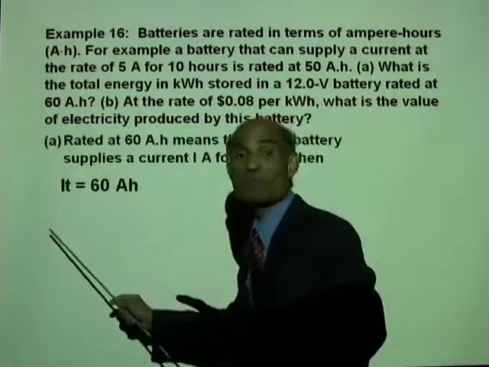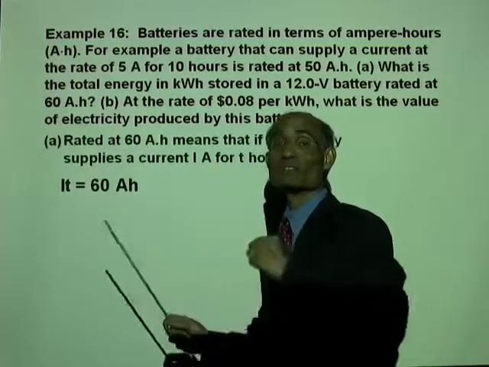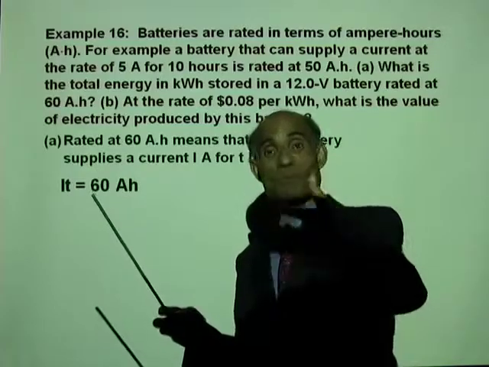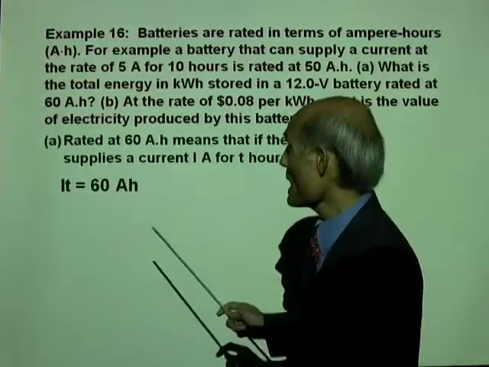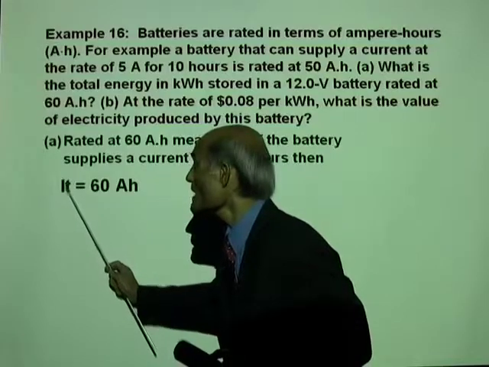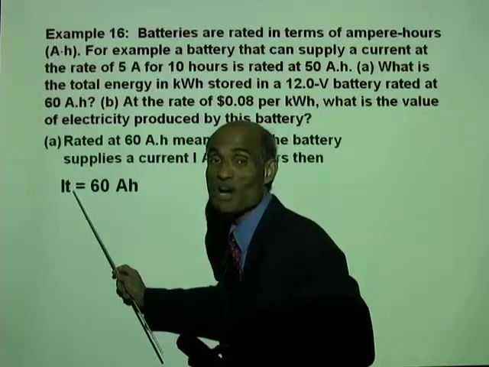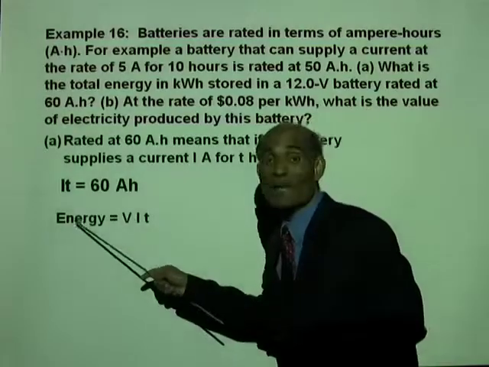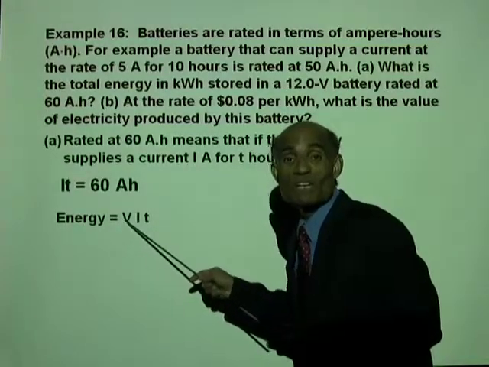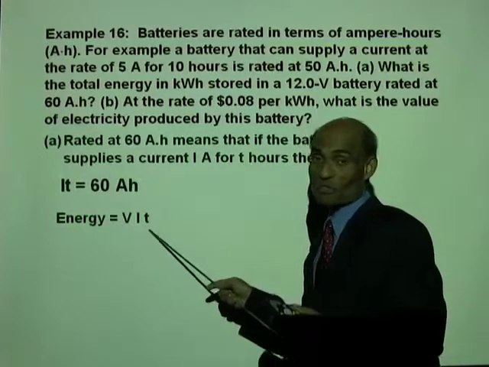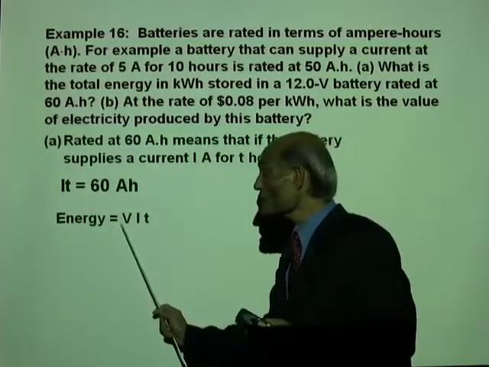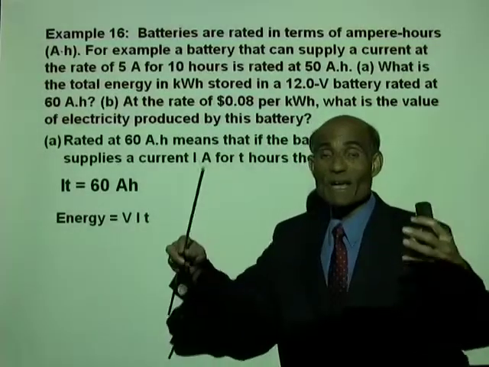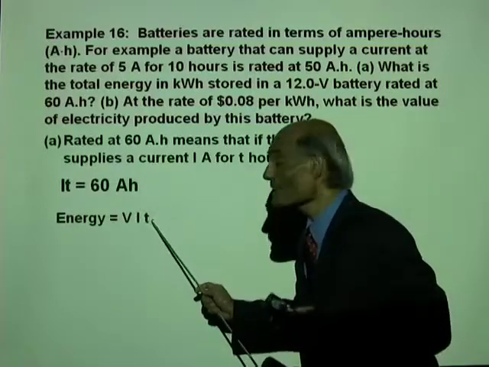You see, 3 ampere times 20 hours is 60 ampere-hour, right? So I, the current in ampere, multiplied by the time in hours is 60 ampere-hour. And energy equals VIT. We have been using this equation. Power is V times I, multiplied by the time will be the total energy delivered during that time T.